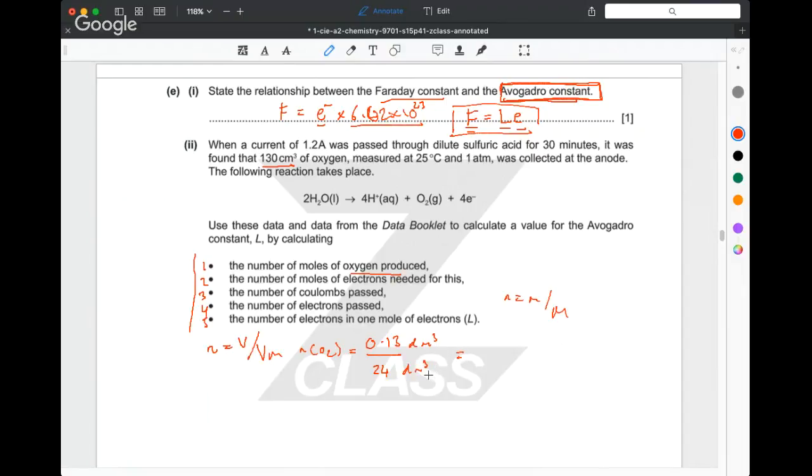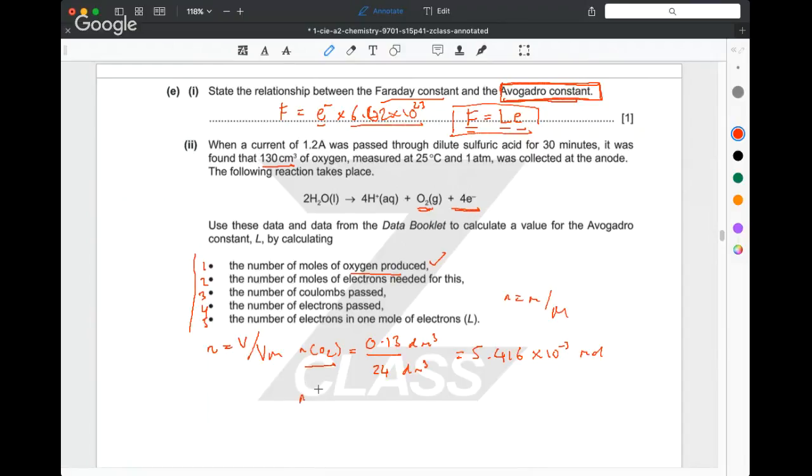And that gives you, my calculation, the number of moles of oxygen is 5.416 times 10 to the minus 3. That's the moles of oxygen. So that's number one done there. Number two is the number of moles of electrons. And so we just look at the stoichiometry here. For each mole of oxygen, there are 4 moles of electrons.